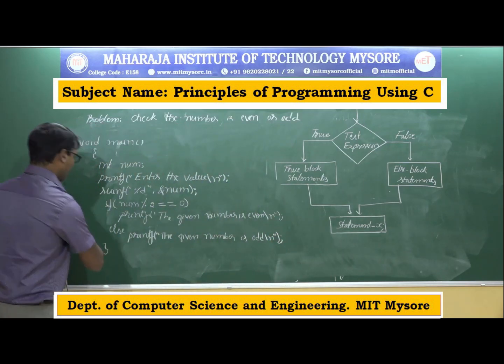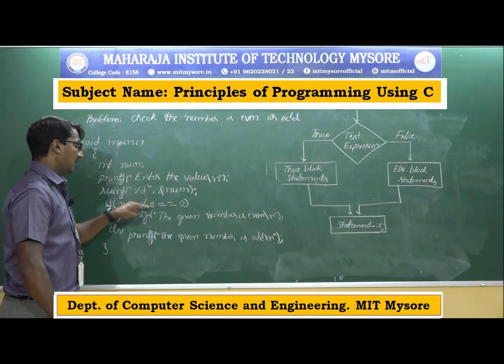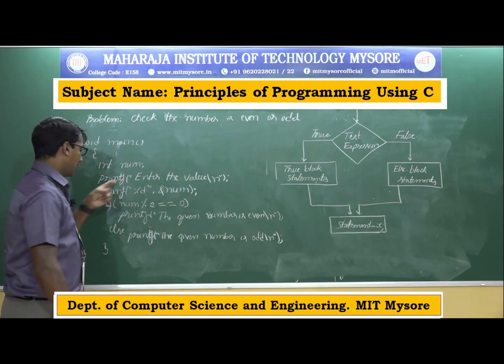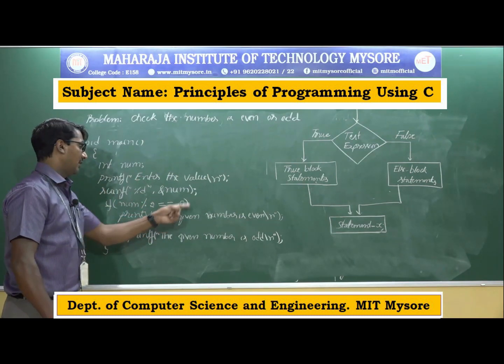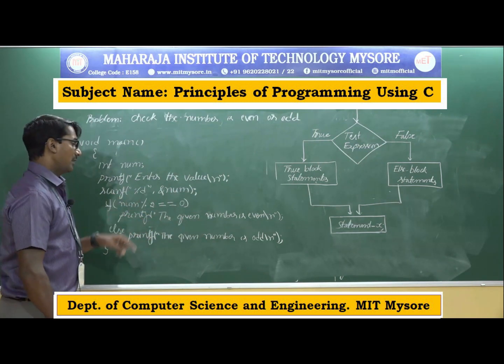Then close. So, here I will read one number. After reading the number, I will check whether the number modulus 2 is equal to 0. If the condition is true, printf the given number is even number, otherwise the given number is odd number.